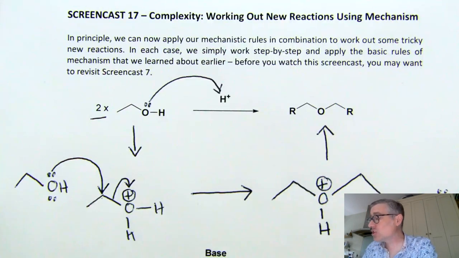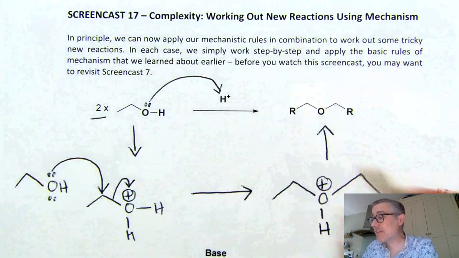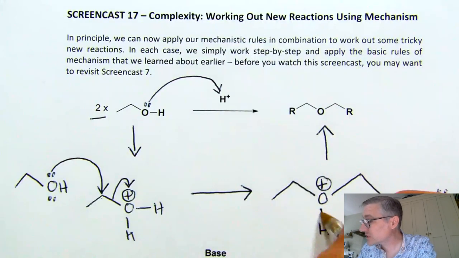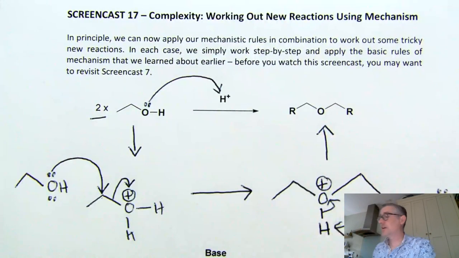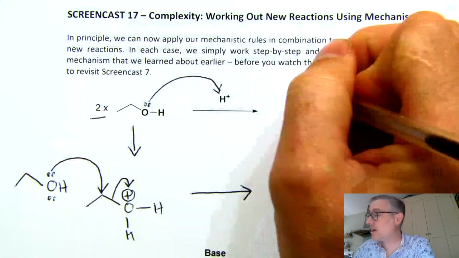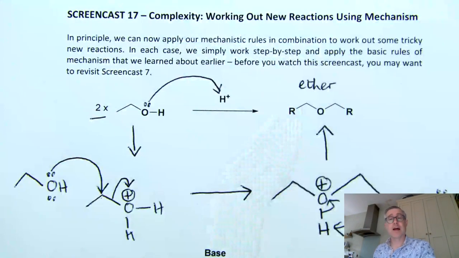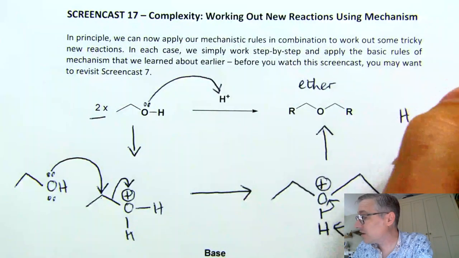But we can go adjacent to it. And we can see from the way the product looks that a sensible place to go would be just to take off the proton here and give the oxygen its lone pair of electrons back and make this ether functional group. And the byproduct there would be H3O+.